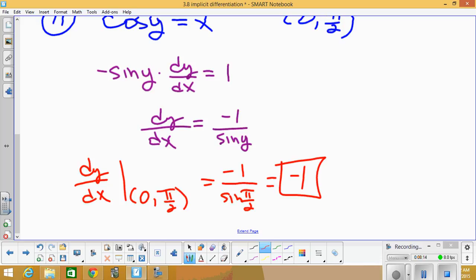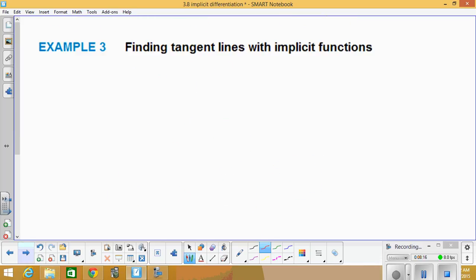All right. Next, I want to find the tangent line with implicit differentiation. So this is really nothing new from what we've been doing. The only problem is I'm going to have to use implicit differentiation to find the derivative, find the slope, and use the point that we're given to find the equation of the tangent line.